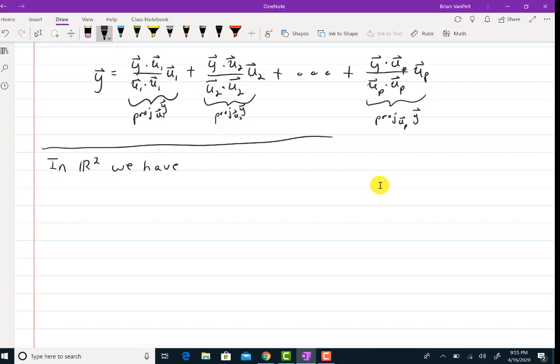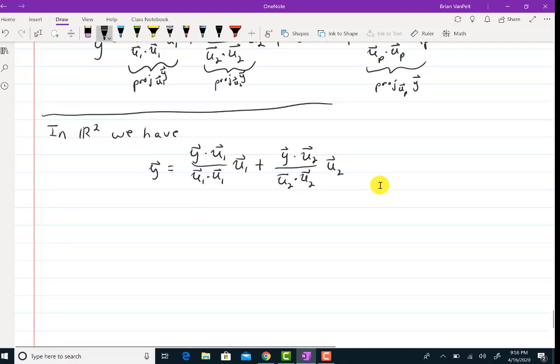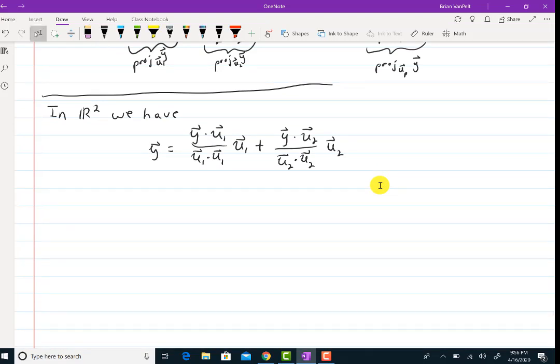So in R2, we'll have something like this. Y will equal y dot u1 over u1 dot u1 u1 plus y dot u2 over u2 dot u2 u2. So both of these are projections of y onto those respective vectors.